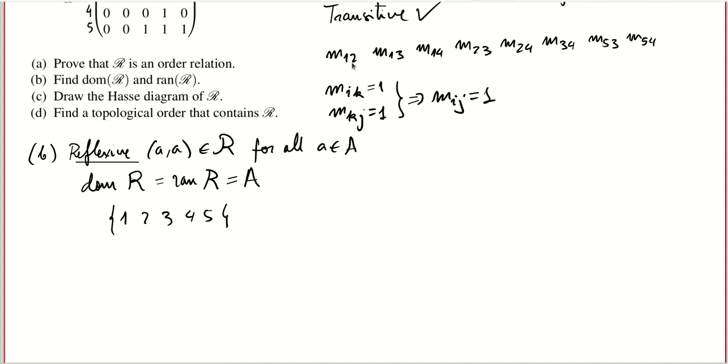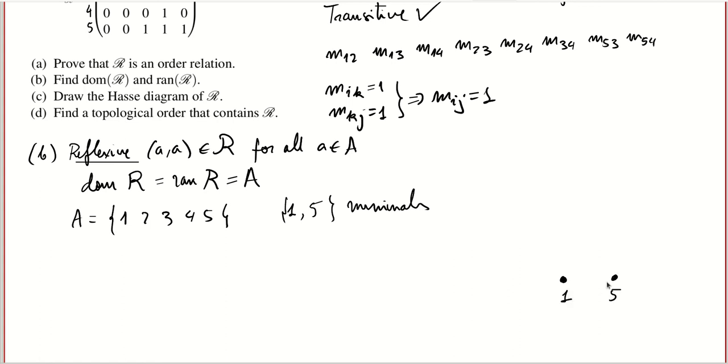So 1 does not appear in the right position, so 1 is a minimal, and 5 does not appear in the right position, so 5 is another minimal. So these are minimals of the set A.